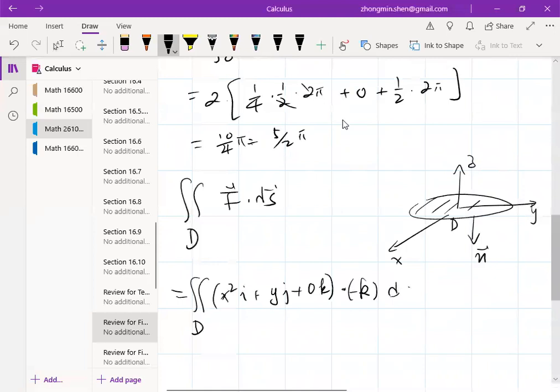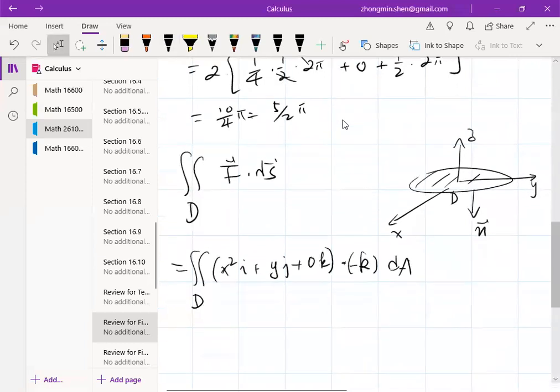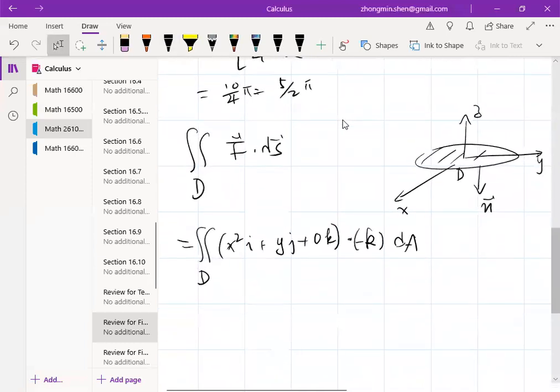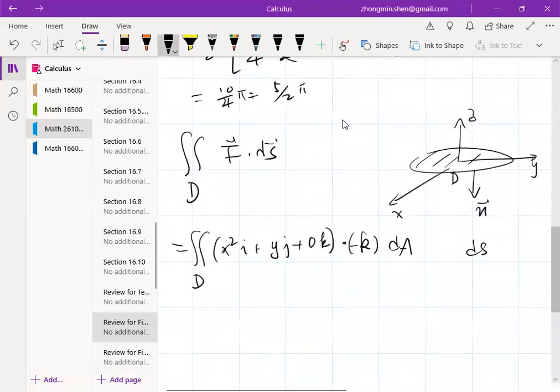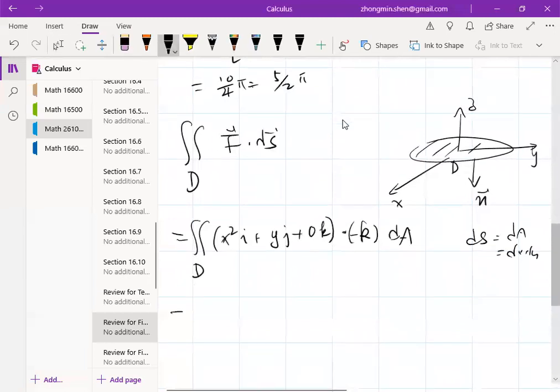And then dS is actually dA, because this is just flat. Actually, dS is just dx dy. But when you multiply this out, you see that's going to be 0 dA, and that's going to be 0. So even if the bottom part is not included, it does not make any difference, okay?